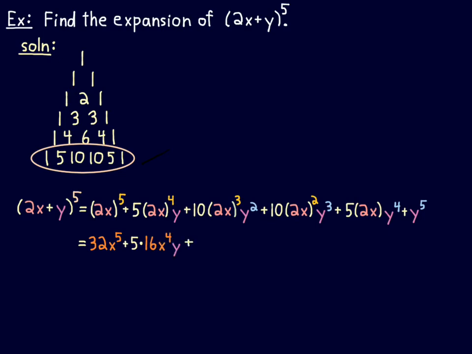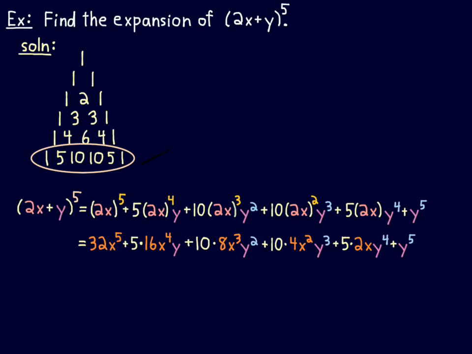I put them in different colors because they're combinations of things of different colors before. Right? Now, of course, I'm just multiplying out the 2's, right? So it's going to be 32, 16, 8, 4, 2, and then none. It goes down a power every time. And then I'm going to combine those with the binomial coefficients. The binomial coefficients are just the ones in yellow.